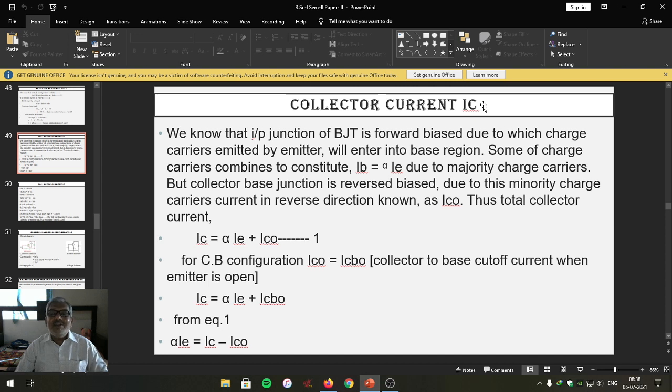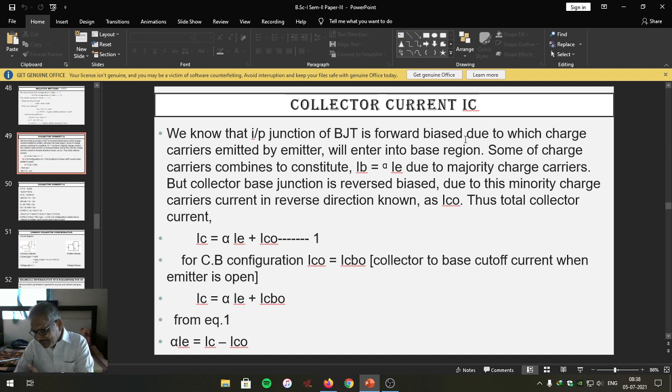Not all emitted charge carriers will combine with the charge carriers of the base region. Few charge carriers are used to constitute the base current, and the remaining will enter into the collector region to constitute the collector current.